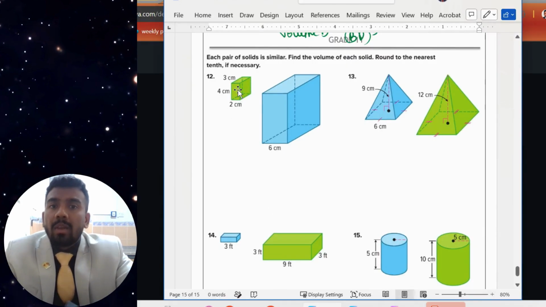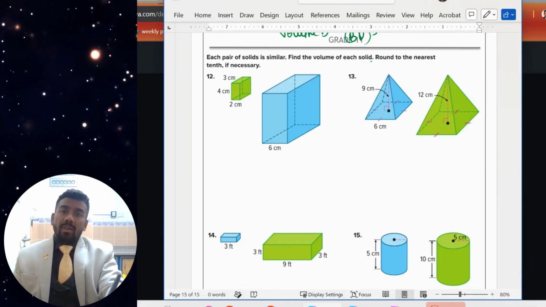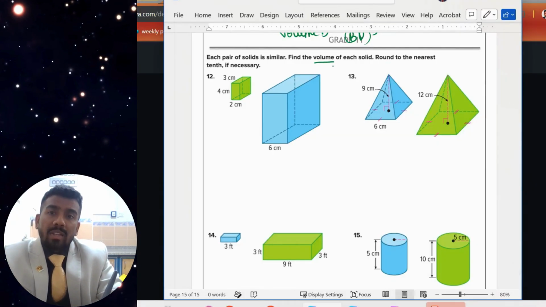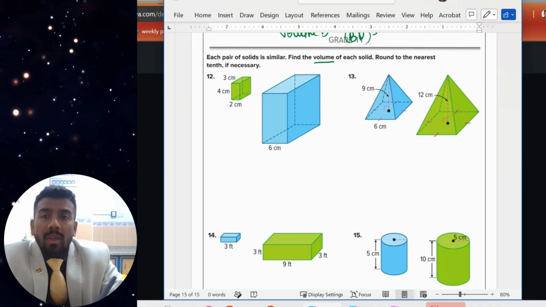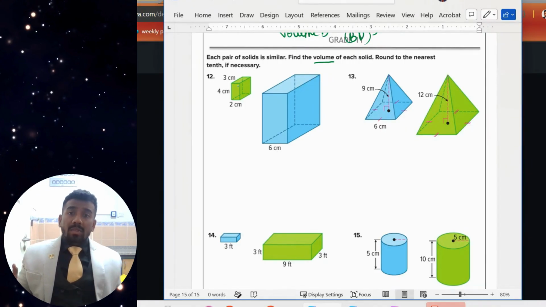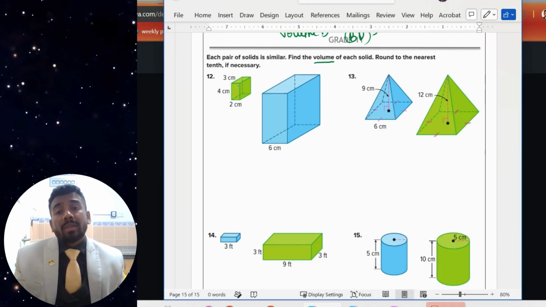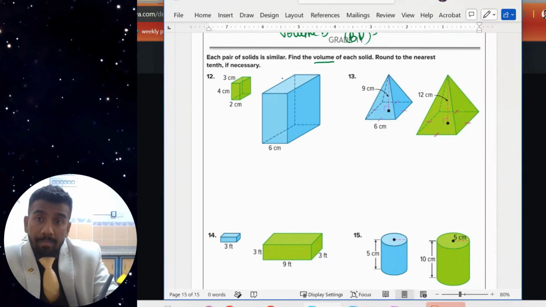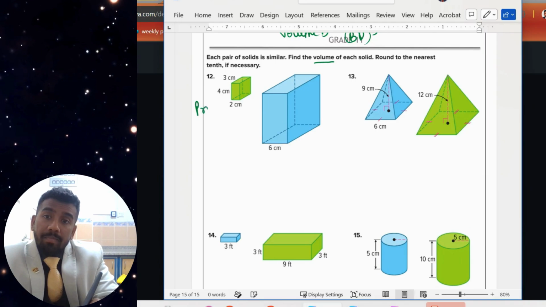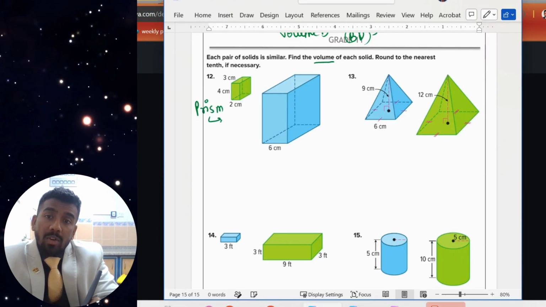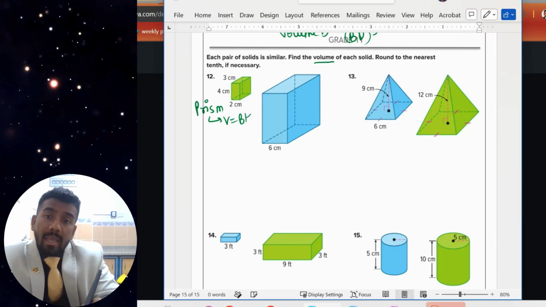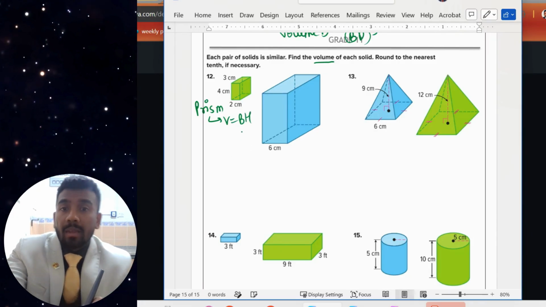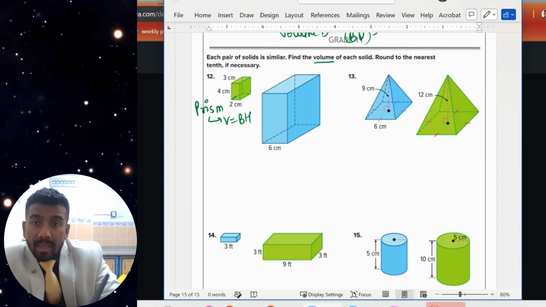We need to find the volume of each solid. Let's find the volume of this one. What does this look like? It looks like a prism. What's the volume of a prism? BH. B is the base area.